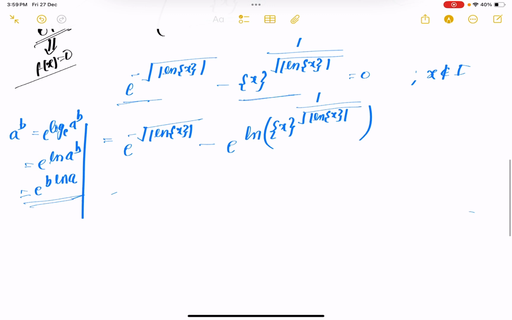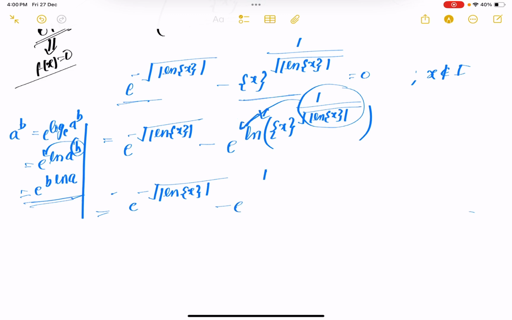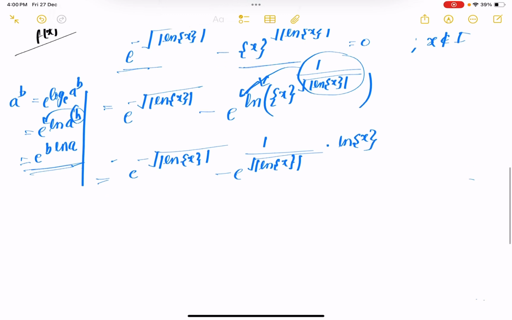Now according to this property b will go there. So now this will become e to the power minus mod ln of the fractional part of x, and this will go here, so 1 by e to the power 1 by square root of ln of the fractional part of x, into ln of the fractional part of x. My aim is to make this value equal to 0.